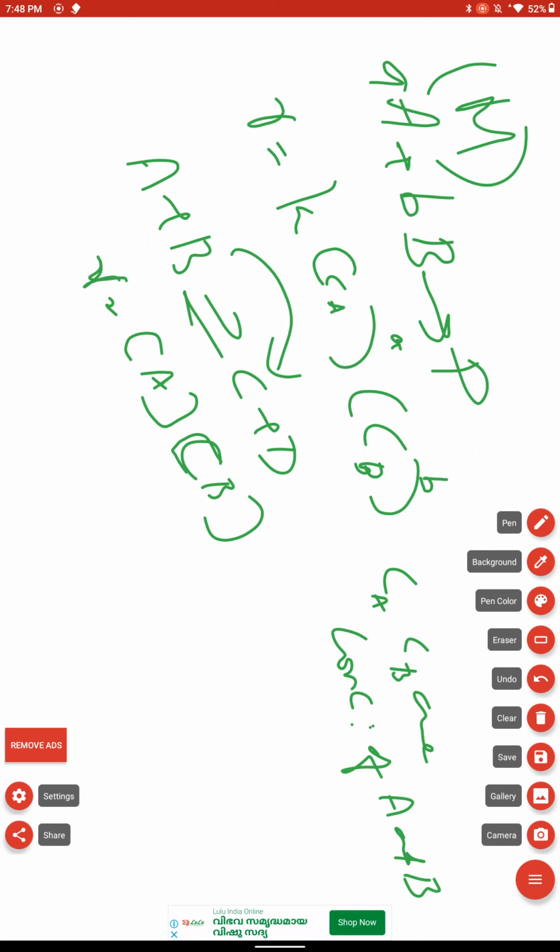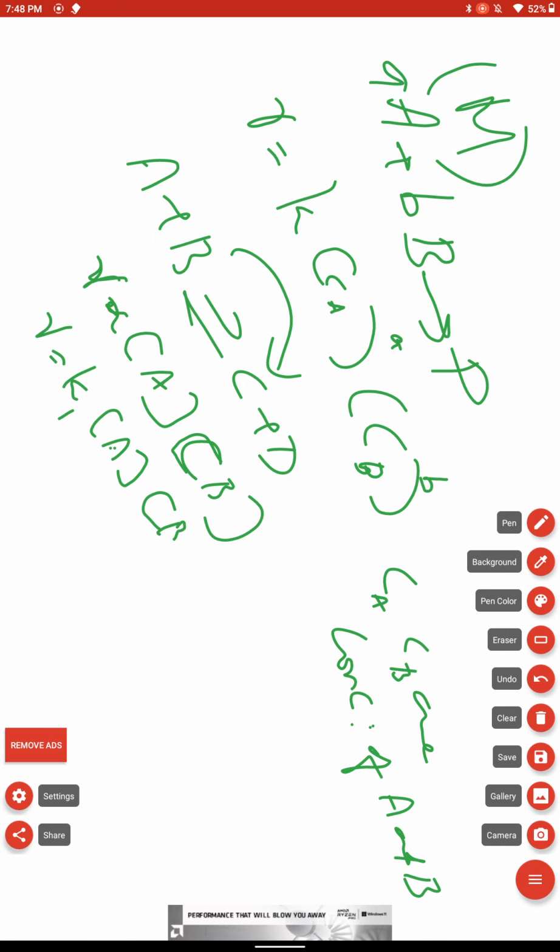That is the rate of forward reaction. It will be proportional, and when we put a constant it becomes R equal to a constant K1 into concentration of A into concentration of B. Similarly, we can write for RB: K2 into concentration of C into concentration of D. So we can put RF and RB.